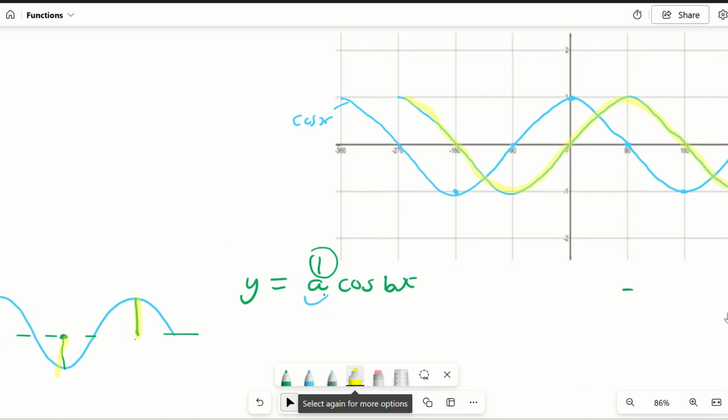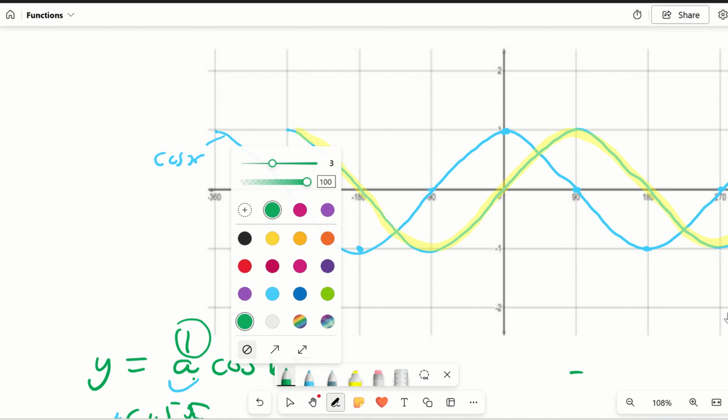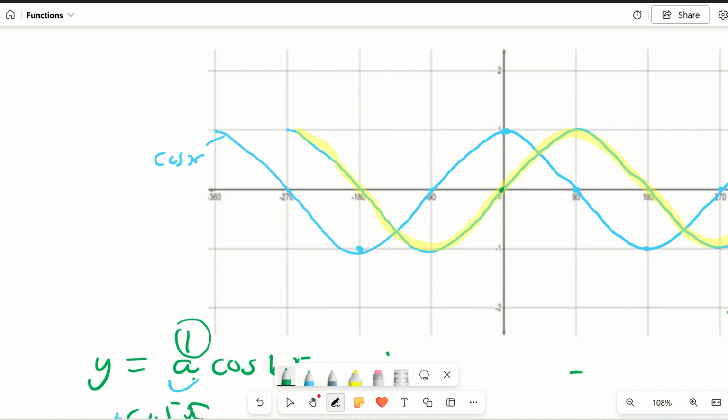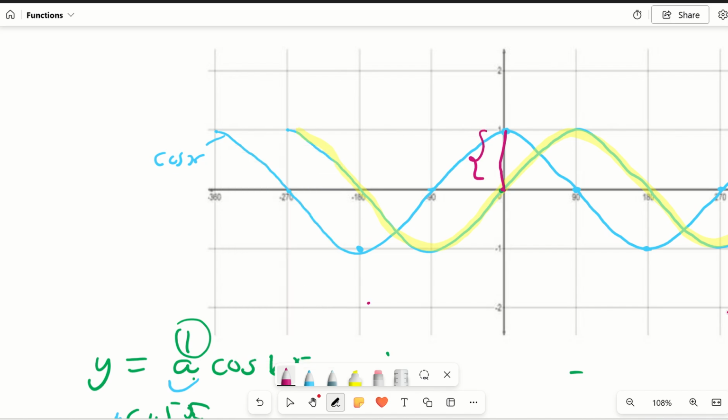So as an example, we will use cos x, and we do realize that we have a 1 there at the beginning, which means that the amplitude of cos x is 1. We can also check that in the diagram. Let's focus on the blue graph. Halfway through the diagram, that is 1 unit. Another way to look at it is to say from there to there is 1 unit.